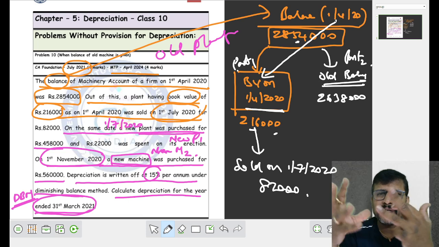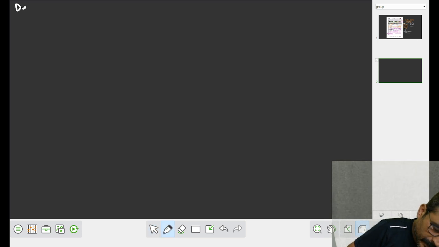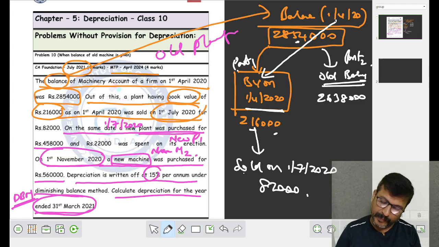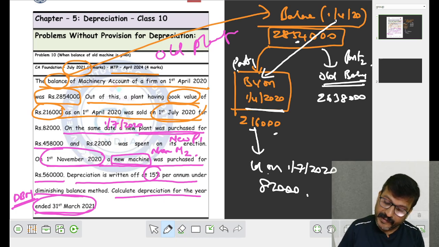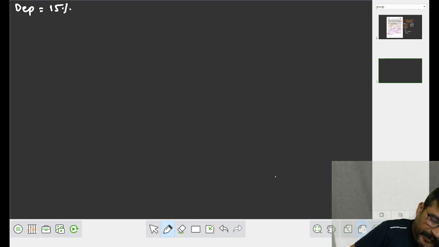New plant is purchased, new machinery is purchased. So how many columns do we need to have? Let us write depreciation. What percent is depreciation? According to the problem, it is 15%, right? So let us write depreciation is 15% under diminishing balance method.